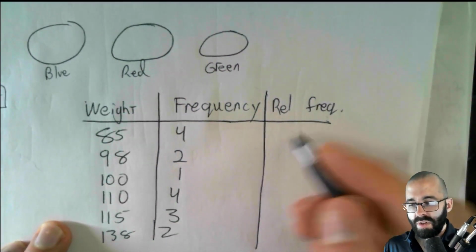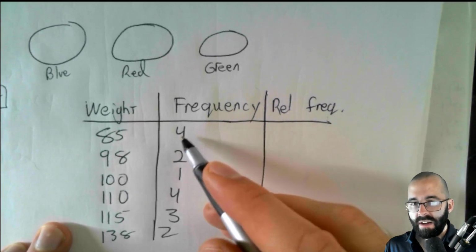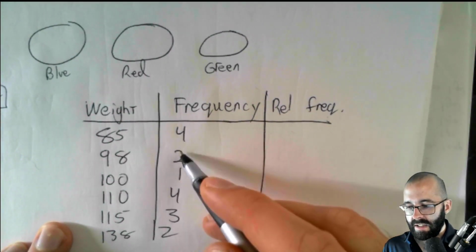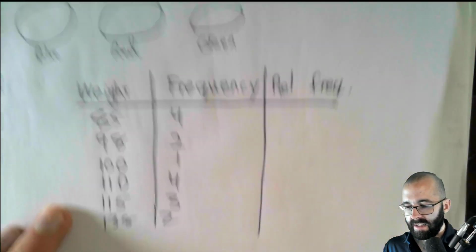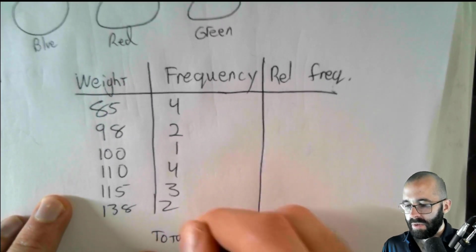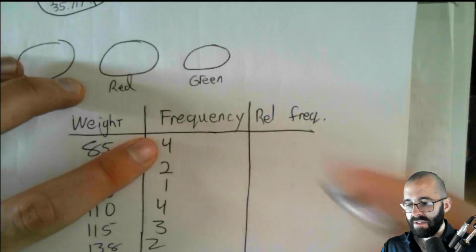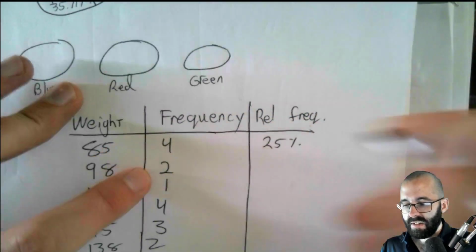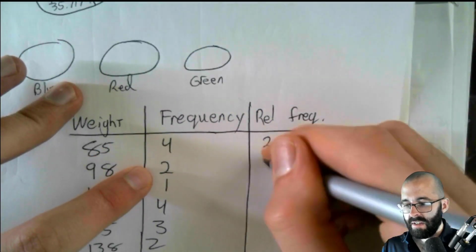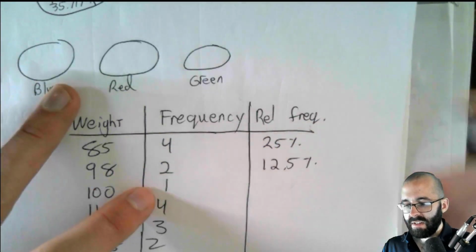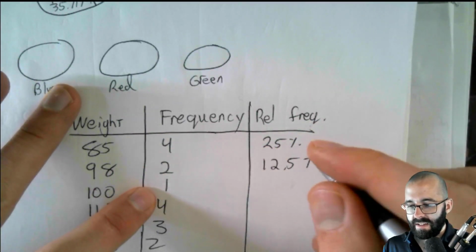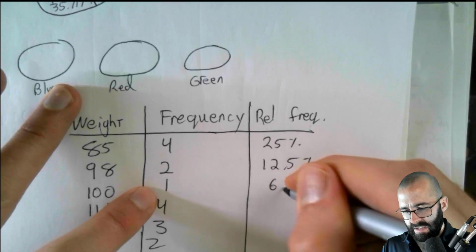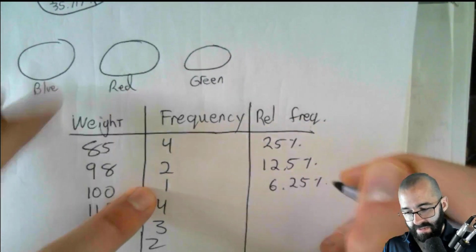So that's just the proportion. We need to count how many total we have. Should be 16. 6, 7, 11, 14, 16. Yep. The total is 16. So this is 4 out of 16. That's 1/4. That's 25%. This is 1/8. It's 12.5%. This is 1/16. That's 6.25%.